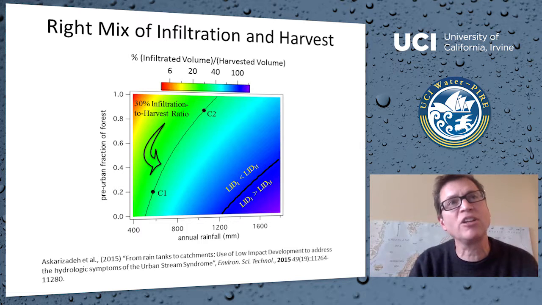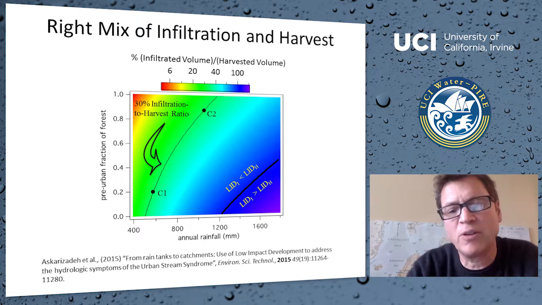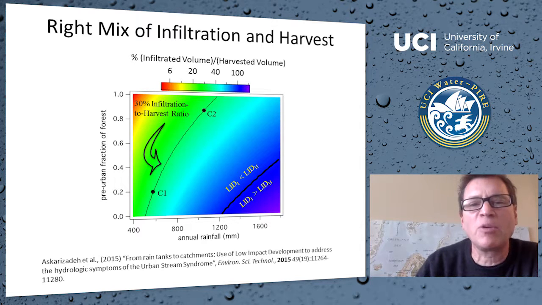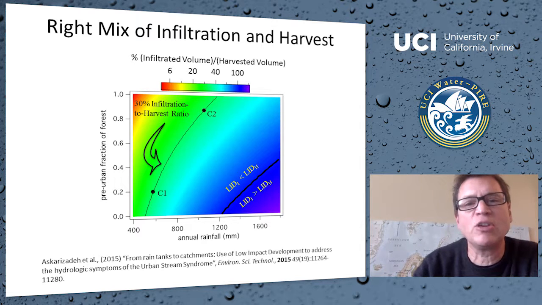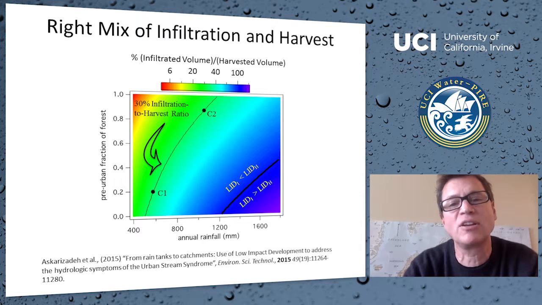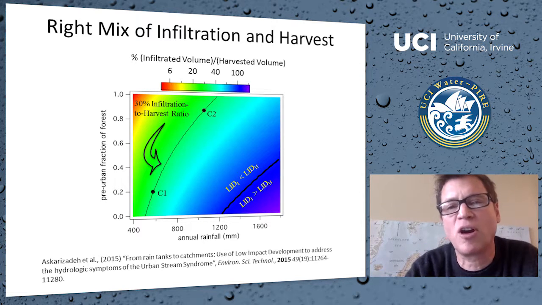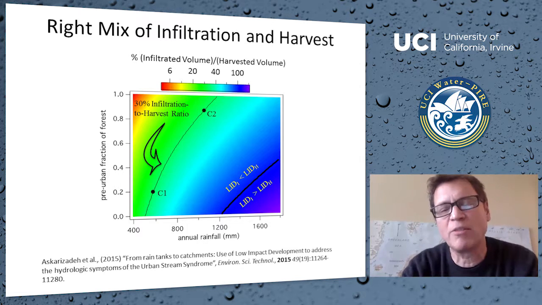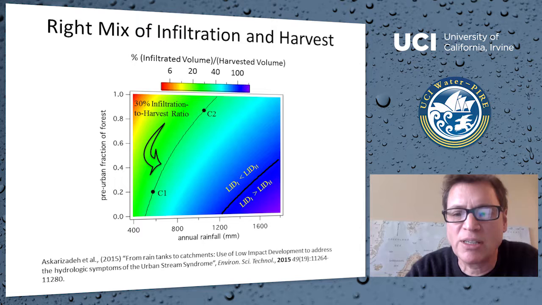And that's particularly the case as the annual rainfall becomes low. That's why in that upper left corner, we're predicting that you should have much less emphasis on infiltration and more emphasis on harvesting, to mimic what used to be a lot of evapotranspiration from trees.